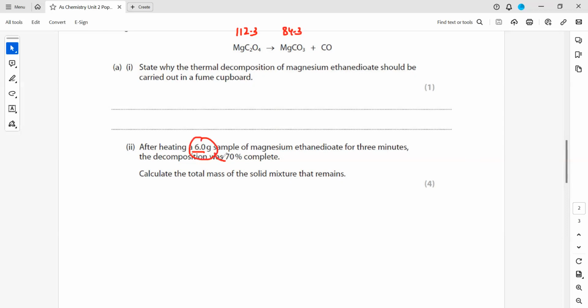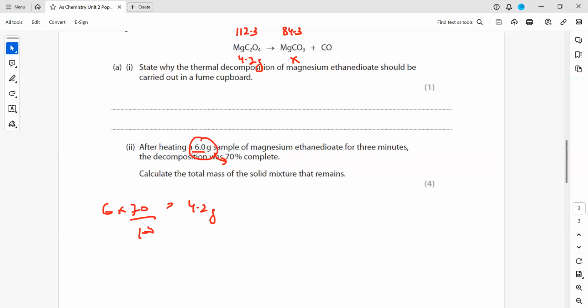Only out of 6, 70% has decomposed. So what is 70% of 6? 7 multiplied by 6 is 42, so it will be 4.2. So 4.2 has decomposed. If 4.2 has decomposed, how much magnesium carbonate will be formed?